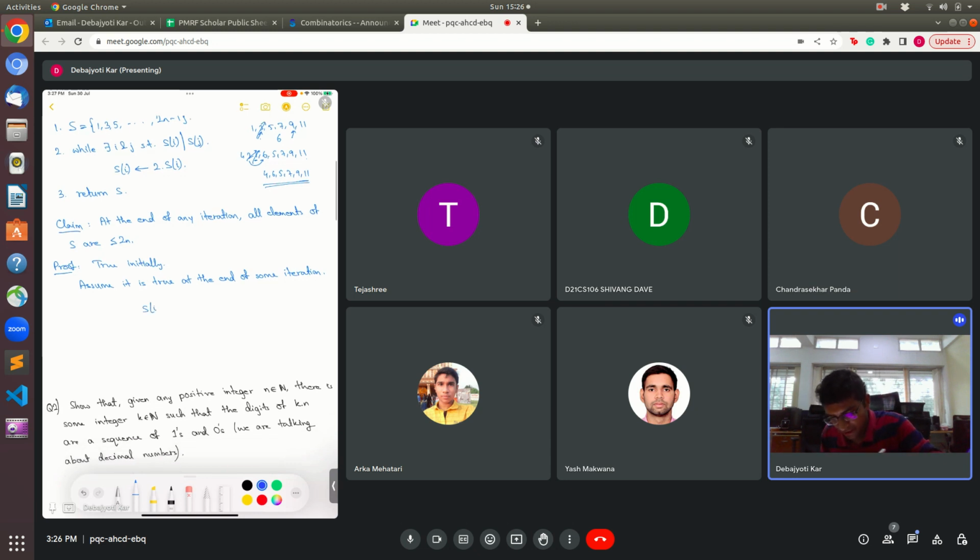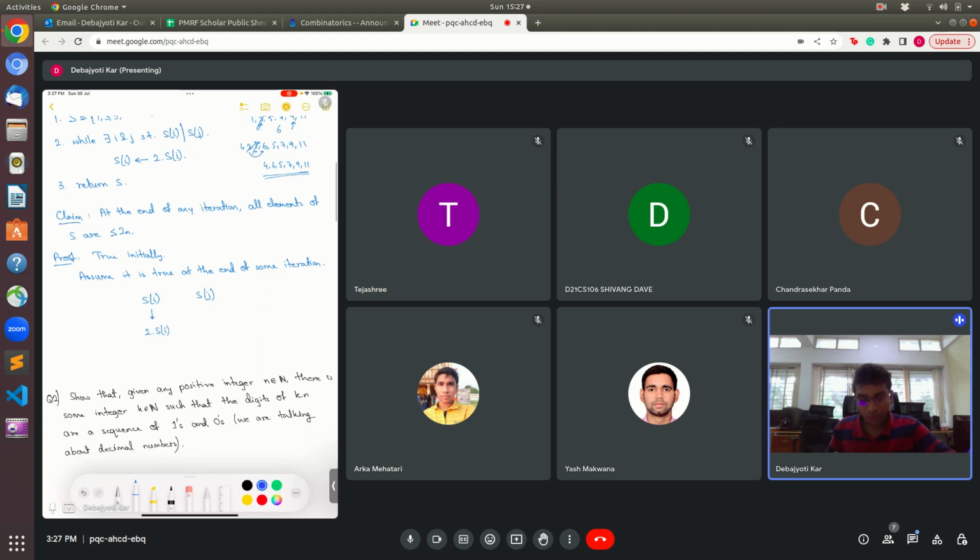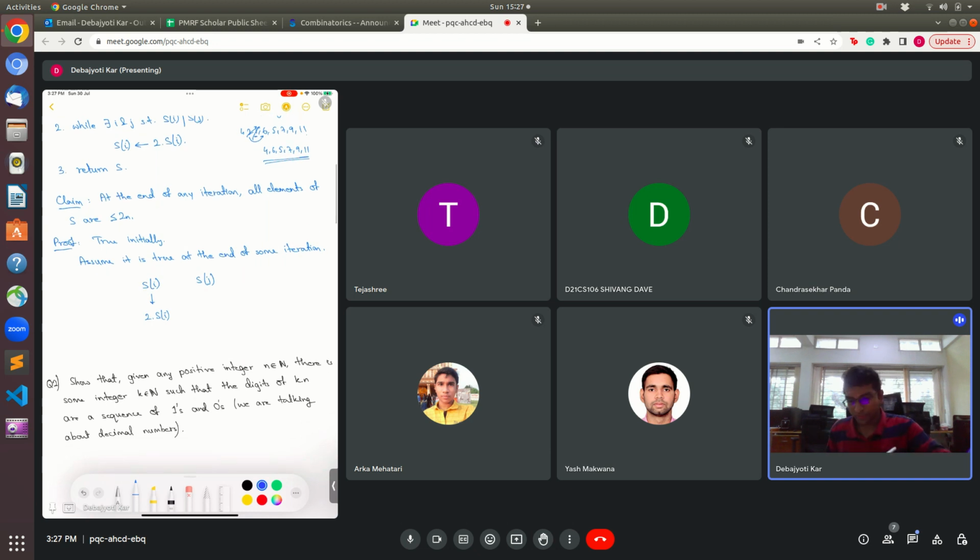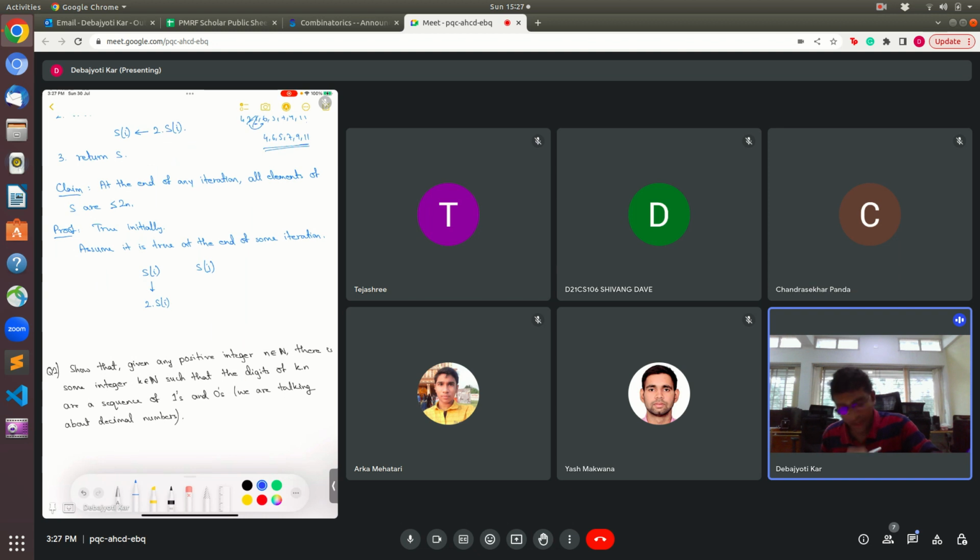We are just picking two elements Si and Sj, such that Si divides Sj, and we are replacing Si by 2 times Si. So now what we need to argue is that this 2 times Si is less than or equal to 2n, right? Initially we know that both Si and Sj are less than or equal to 2n. So we assumed this invariant was holding at the beginning of this iteration.